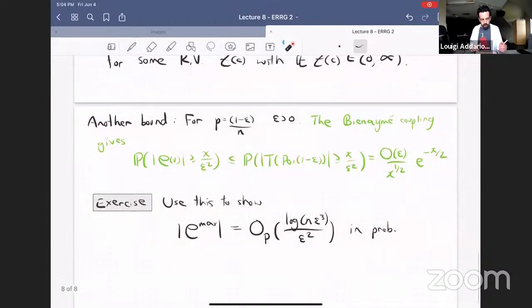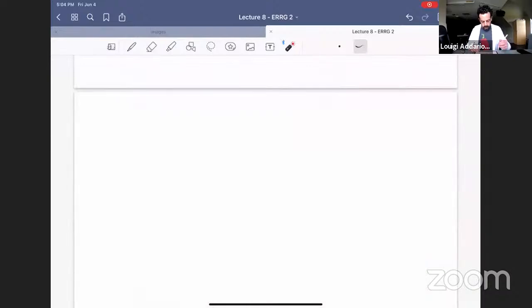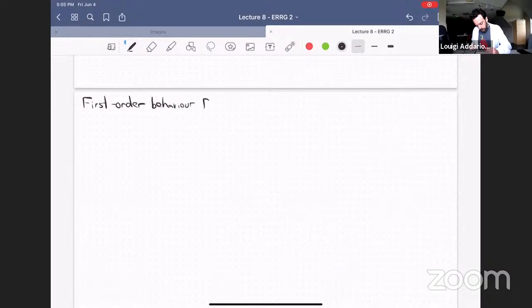Okay, so we're turning to first order behavior of Cmax when p is bigger than 1 over n. And really I actually want p bigger than 1 over n plus this n to the minus a third correction, as you'll see. Okay, so here's our target.